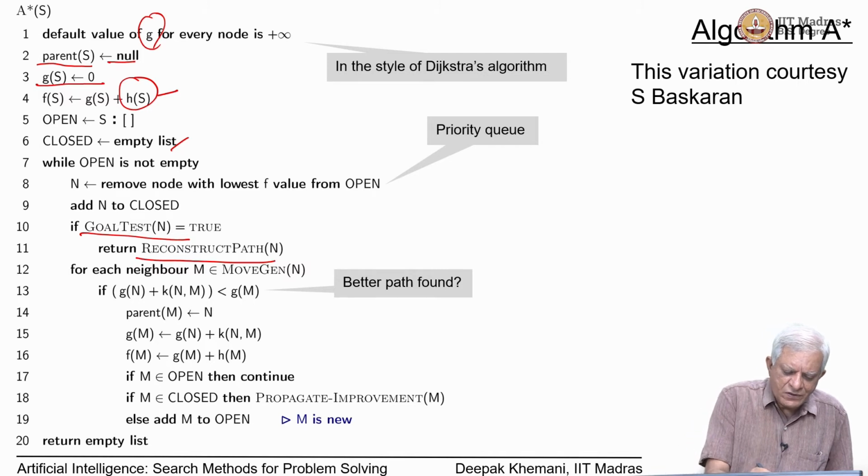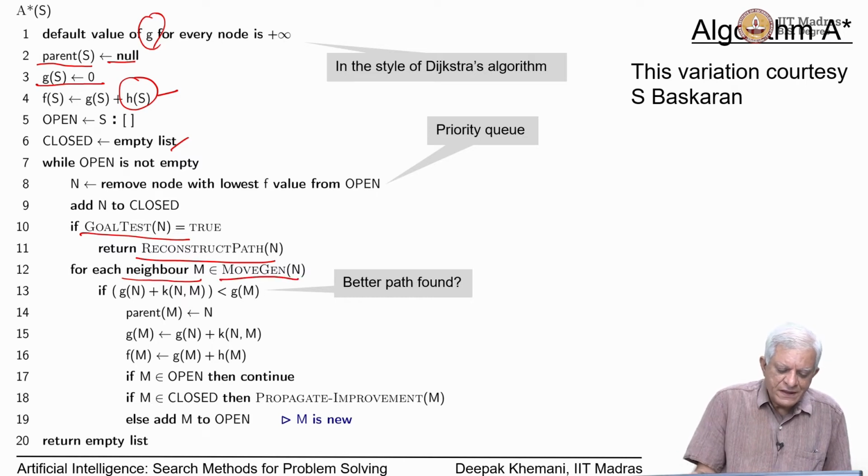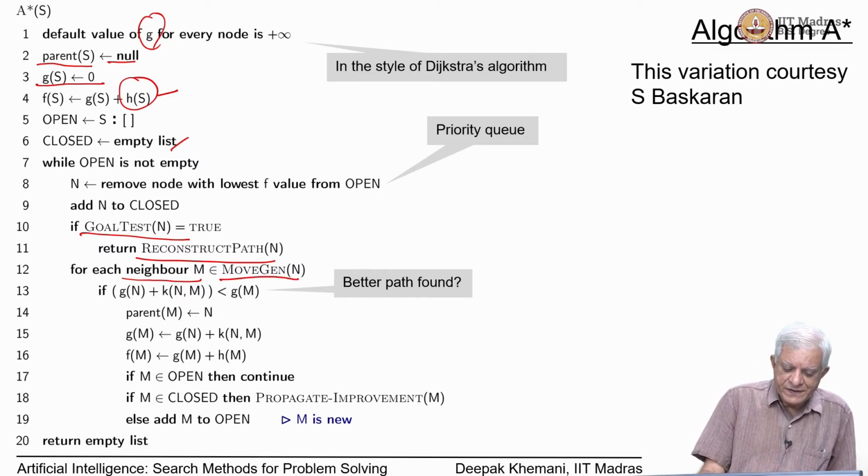If it is not a goal node, then you look at all the neighbors m which are given to us by the move gen function, and we test whether the g value of the parent node plus the cost of that edge from n to m is less than the existing g of m. What is g of m? We have already said that for all new nodes g of m will be initialized to infinity.